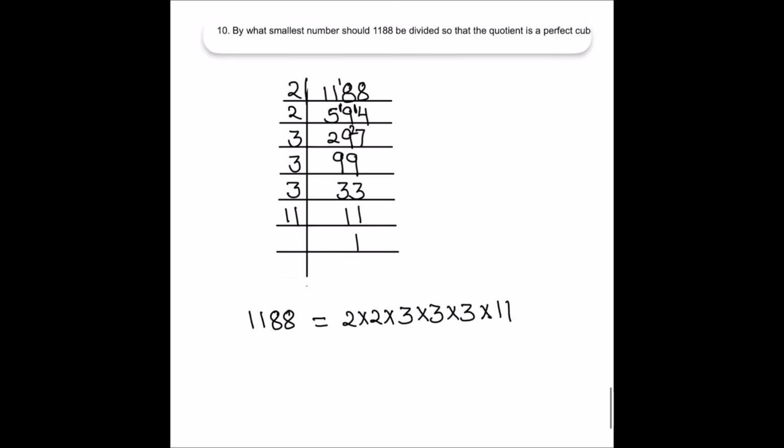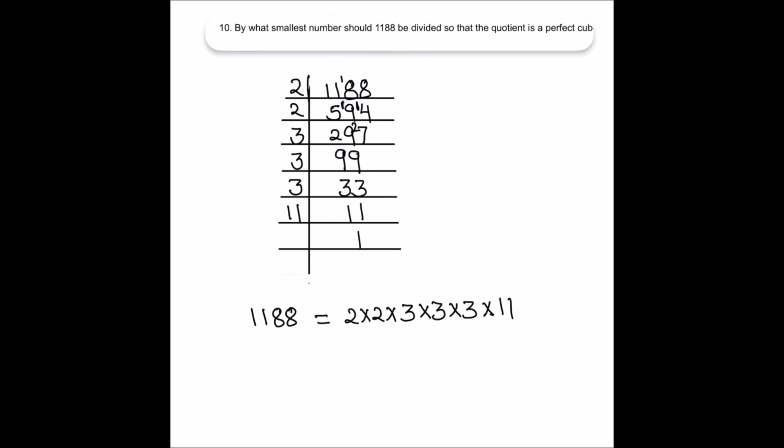Now for 1188 to be a perfect cube, all the factors should be in triplets, perfect triplets. So let's underline the triplets first. Here we see that there is only one triplet, which is number 3, and 11 and 2 and 2 are not the triplets.